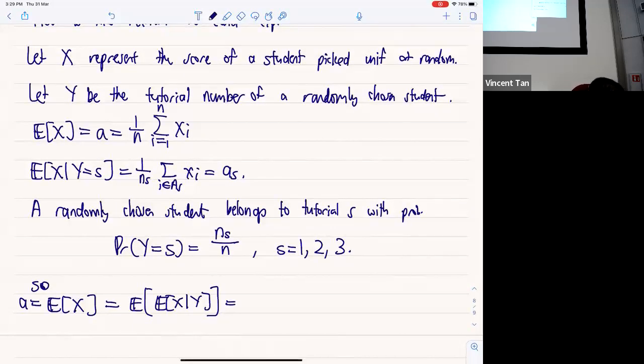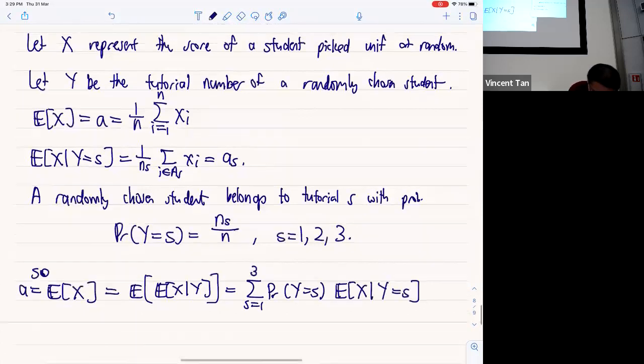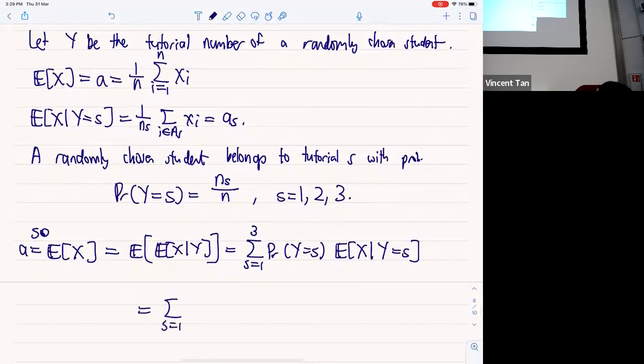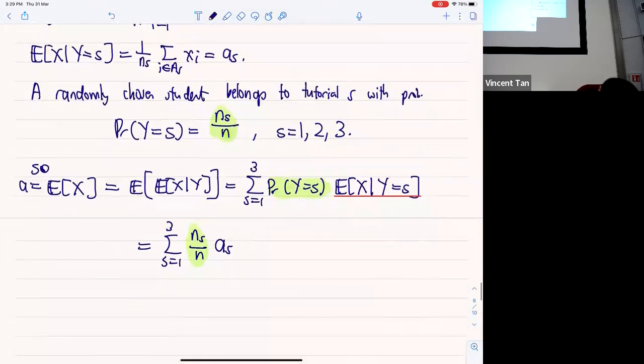Here, the outer expectation is averaging over the tutorial groups S running from 1 to 3 of the probability of Y equals S times the expectation value of X given Y equals S. This is nothing but the sum over S from 1 to 3 of N_S over N. So this is the probability that a student belongs to tutorial group S. And this remaining term here is the average score of a student in a particular tutorial group, that is A sub S.